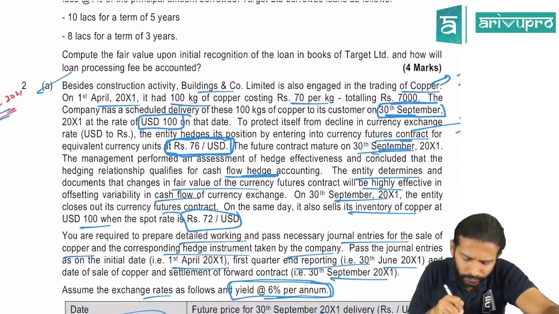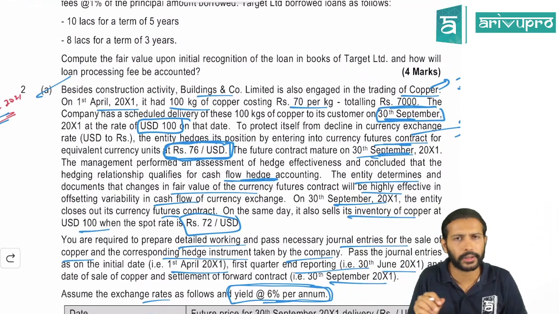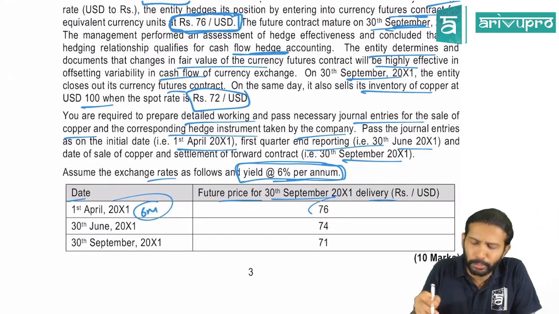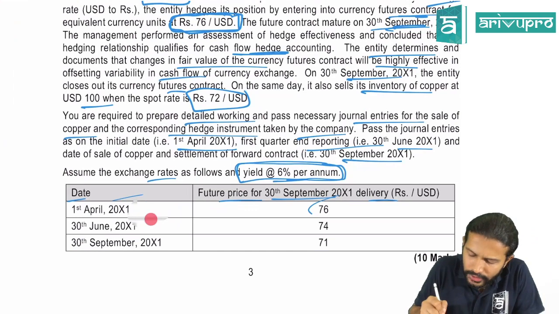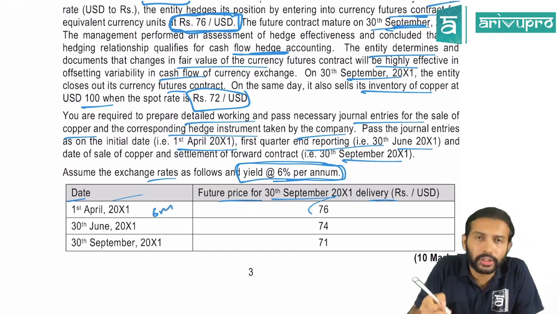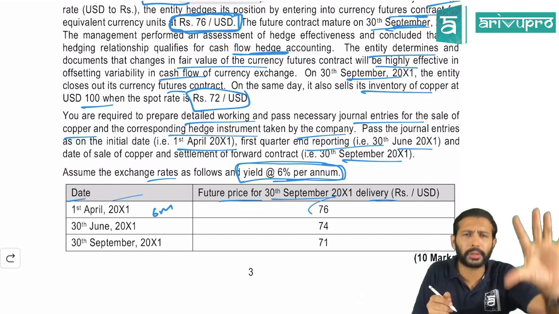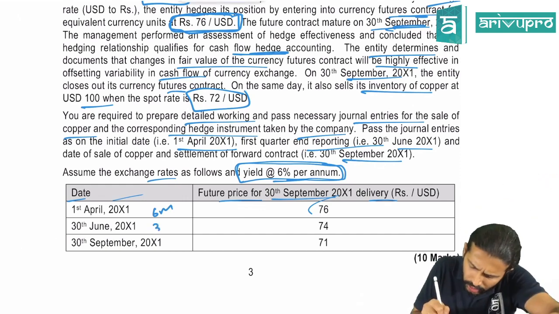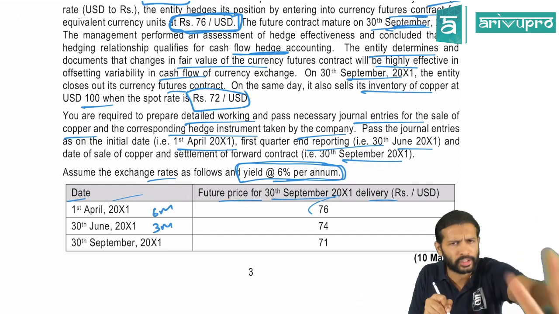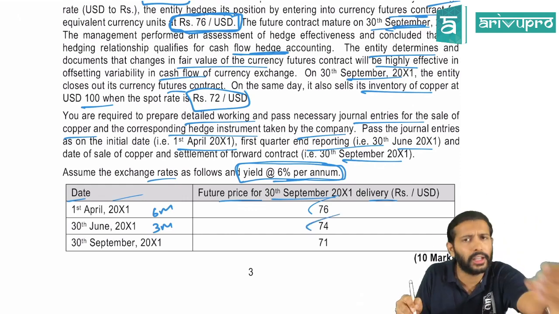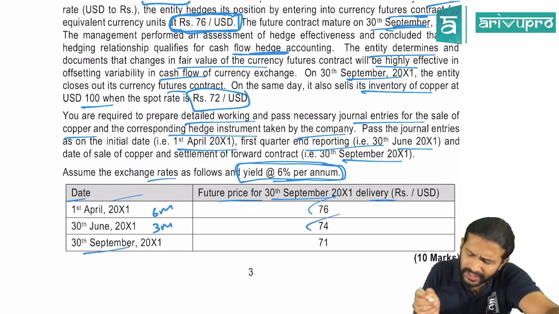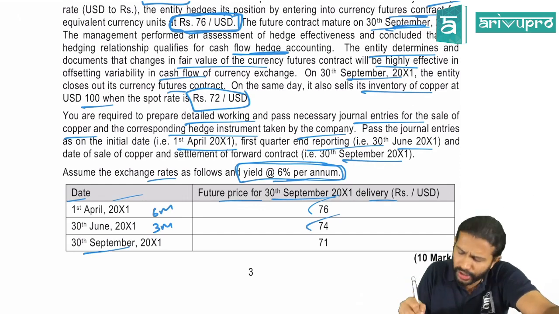That's what we have got, because we have entered for a 6 months future contract. However, if you enter it on 30th June, the maturity is 30th September, that means July, August, September. On 30th June, if you enter into the same future contract, the rate you will get is 74, they are saying. On 30th September, on the date of closure, it is 71.